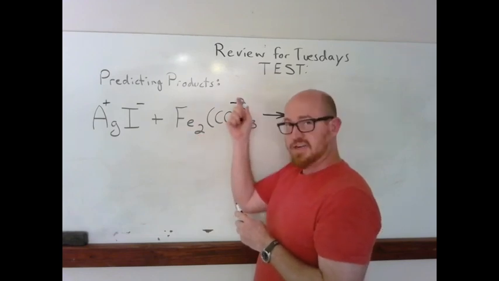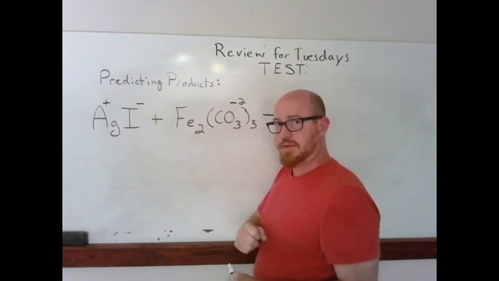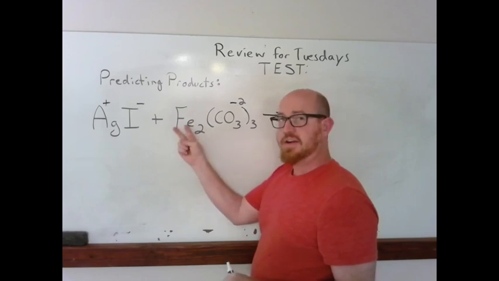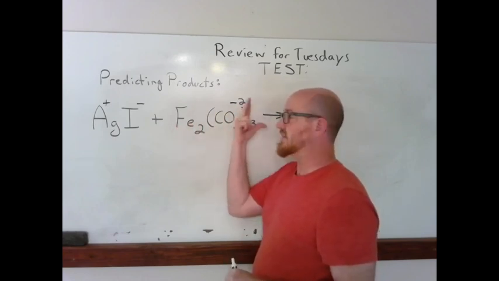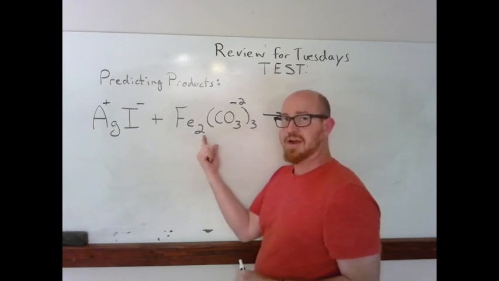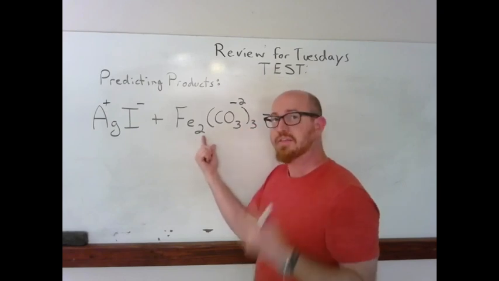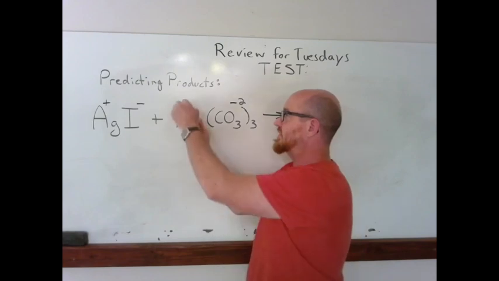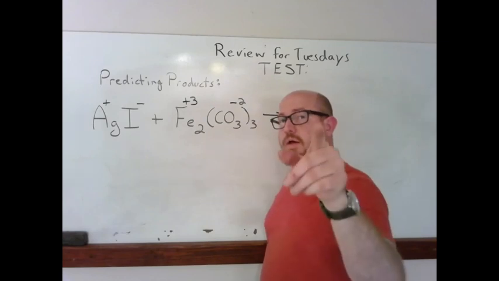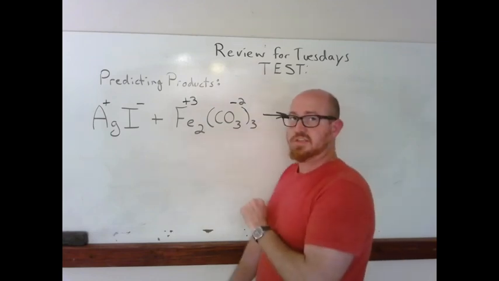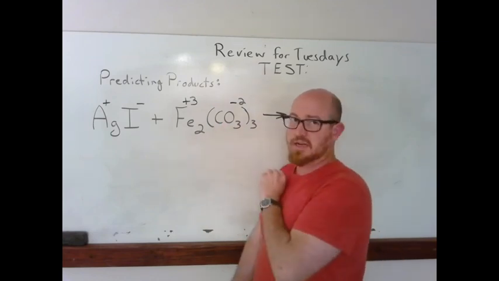But it has a -2 charge. It's on your polyatomic ion list. This iron, therefore, because there are 3 of them, 2 times 3 is 6. If there's 2 iron atoms, they must have each donated 3 electrons, which makes this a +3. If you need to, go back and rewind that. But that's the charges of this iron and the polyatomic carbonate.